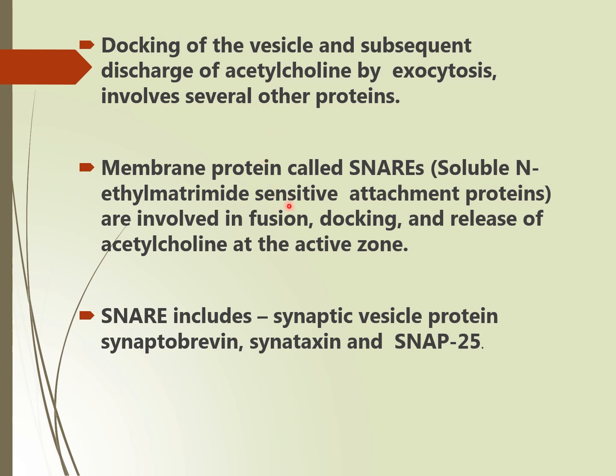Membrane proteins called SNAREs, that is, soluble N-ethylmaleimide-sensitive attachment proteins, are involved in fusion, docking and release of acetylcholine at the active zone. So other than the calcium influx, there are membrane proteins called SNAREs which help in fusion of the vesicle, docking of the vesicle and release of ACH. These SNARE proteins include the synaptic vesicle protein synaptobrevin, syntaxin and SNAP25.